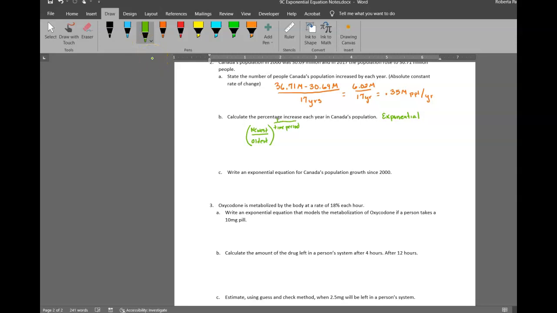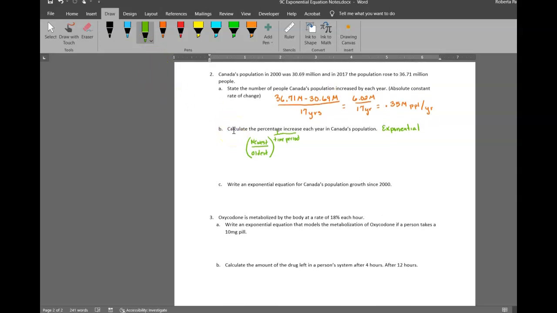So in terms of the Canada problem, the newest value, the most current value, is 36.71 million divided by the oldest value, the 2000 value, 30.69. I'm going to put this all in parentheses and raise it to the 1 over 17 power. Notice that your exponent is smaller.